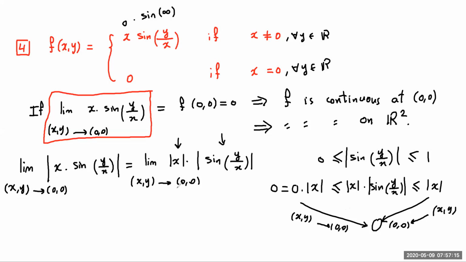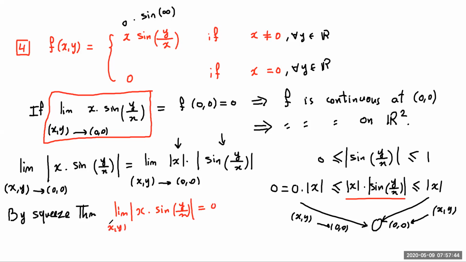So by the squeeze theorem, the limit of this absolute value, let's write it in red, the limit of the absolute value of x sine y over x equals 0 when x, y approaches 0, 0.